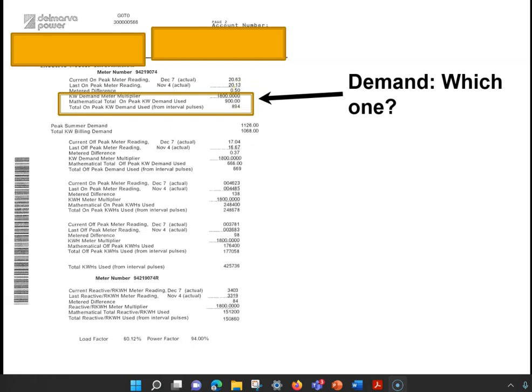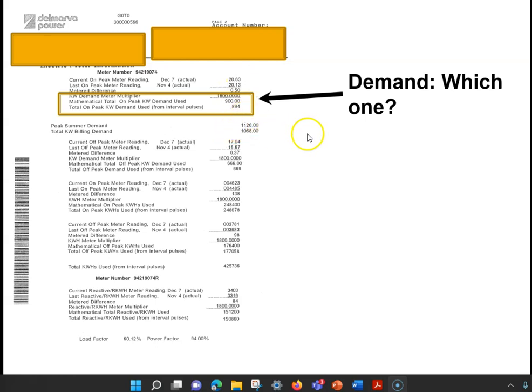The lights get turned on all at once. People turn up the thermostat. Maybe someone turns on the hot water, so the electric water heater kicks on, whatever. So all month you're really flat, and then all of a sudden it spikes for just 15 minutes. That's what you're charged on for that whole month.